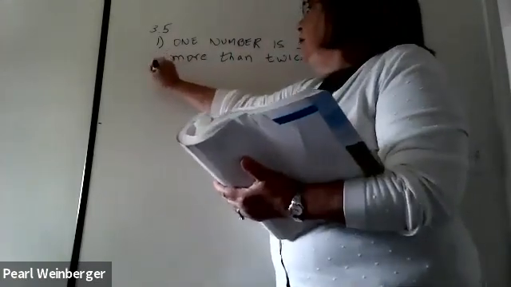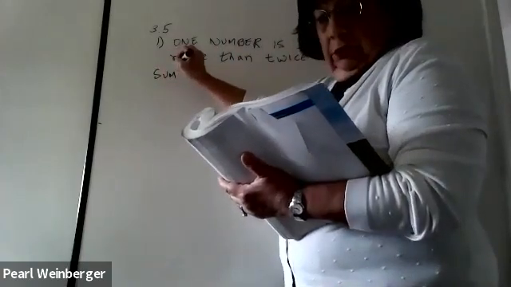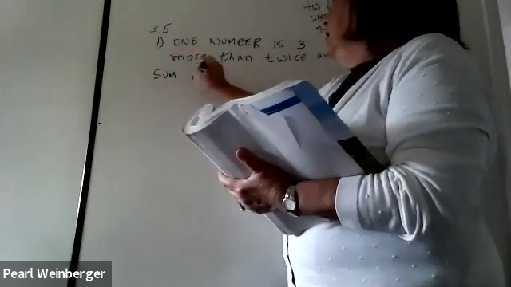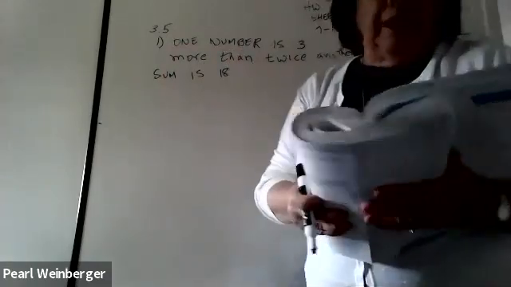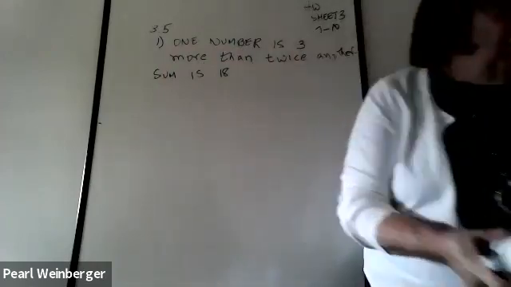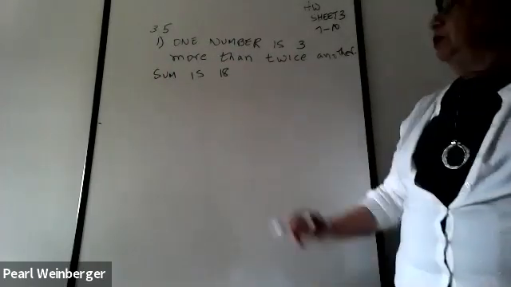The sum of the numbers is 18. I'm writing it a little bit abbreviated because I don't want to write so much. And we want to find the two numbers.